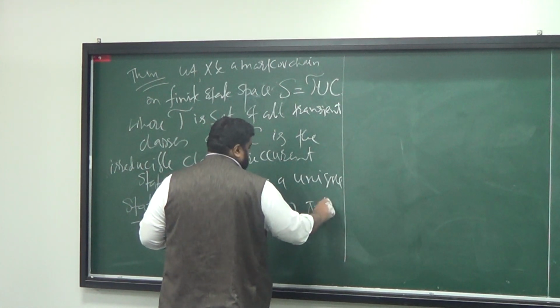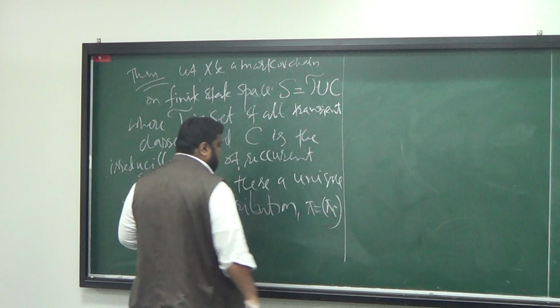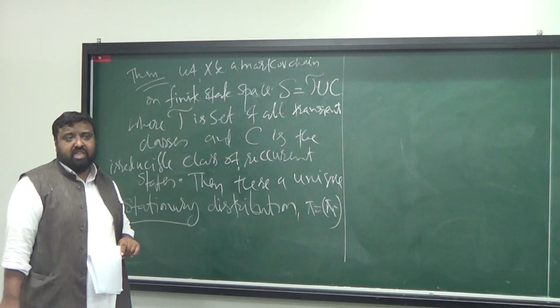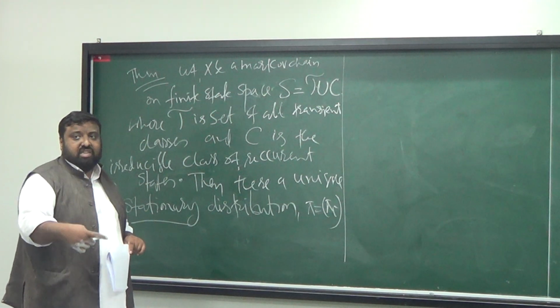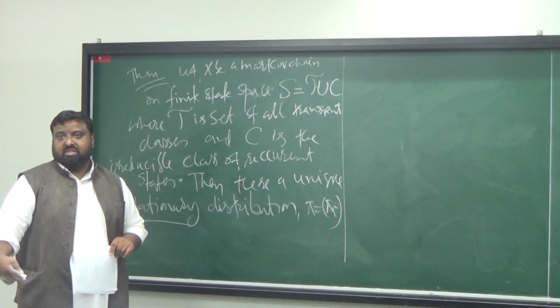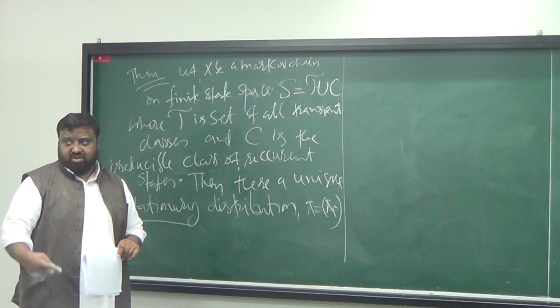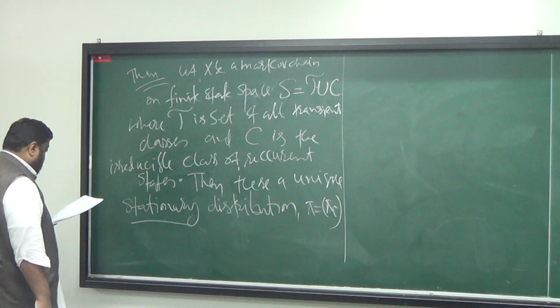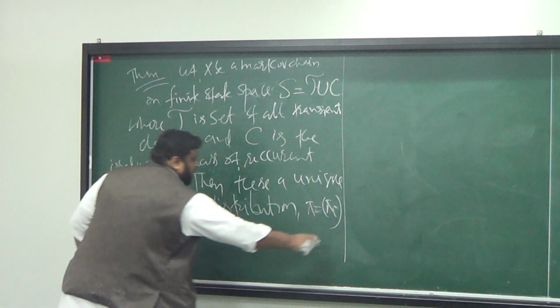It's going to be a vector containing the probabilities pi I, the probability that you will stay in the long run in the state I. So you would stay in the long run in the state pi equal to pi I.